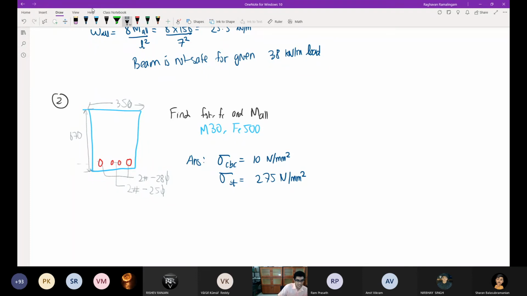Okay, so there's something known as clear cover. I'll talk about this a little bit later. But when I cover limit state method, I'll tell you what this clear cover and all those things are. So it's effective cover. I'll just write it down. Don't worry about it too much now.